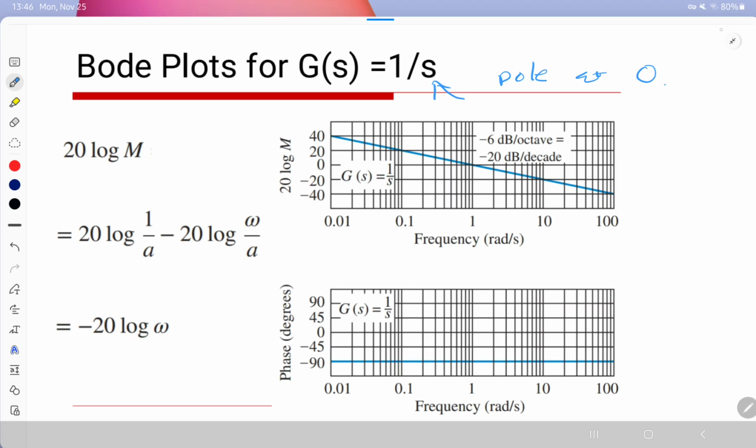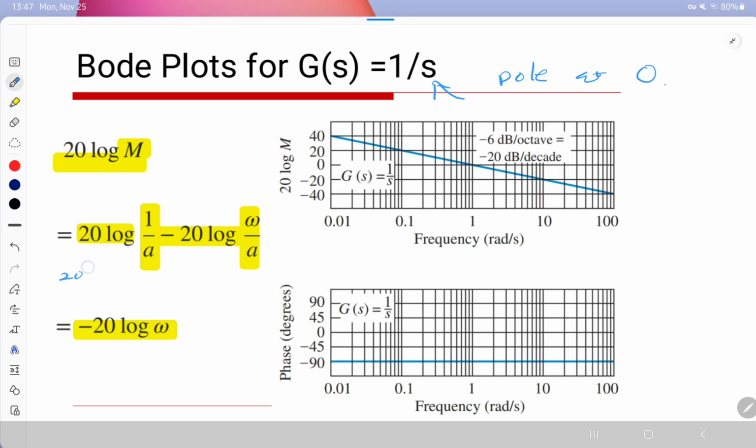And then it's the same thing that you place 20 log of the absolute value, 20 log of 1 over A minus 20 log omega over A. And then you will end up with minus 20 log A. I'll do a quick calculation for you.